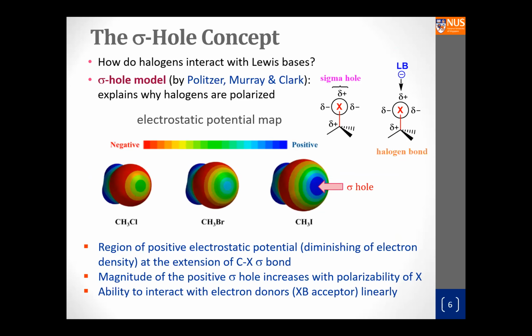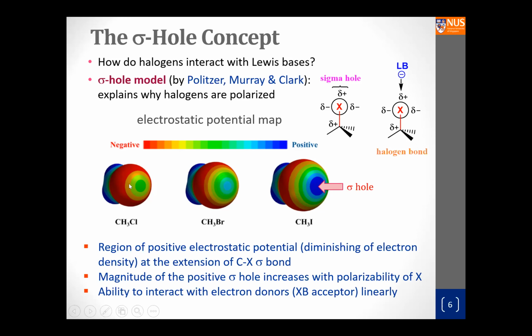So what is the origin of halogen bond? I would say the most accepted current model is the sigma hole model. Basically, if you have a halogen with 7 valence electrons, when they form a sigma bond here, the electron density is pulled away. So along the C-X axis here, there's a depletion of electron density. That can readily be revealed if you do a simple electrostatic potential map of a simple molecule like methyl chloride, bromide, and iodide.